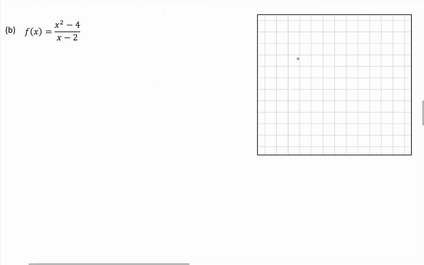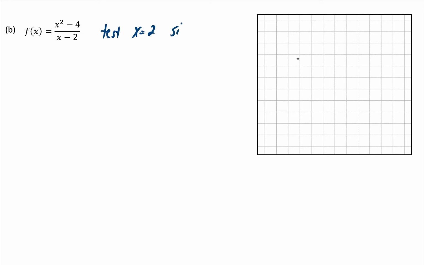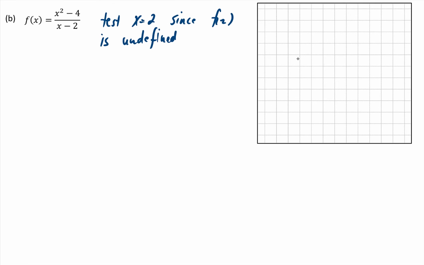Let's go to our second example, (x squared minus 4) over (x minus 2). Where could there be a problem for this graph? So in this example, we're going to test x equals 2. That is because f of 2 is undefined. Alright, so let's see what happens at x equals 2. So let's go through our first condition.